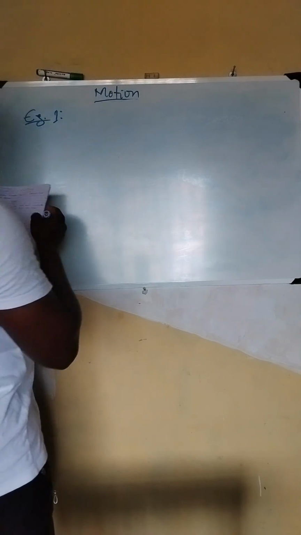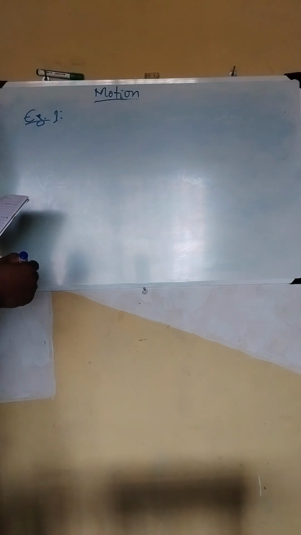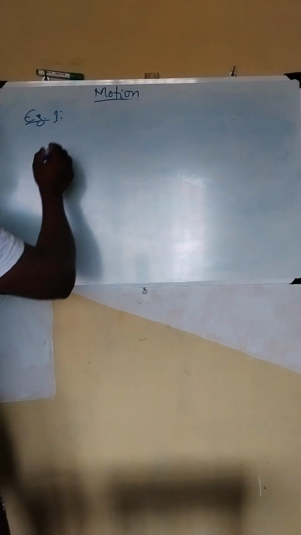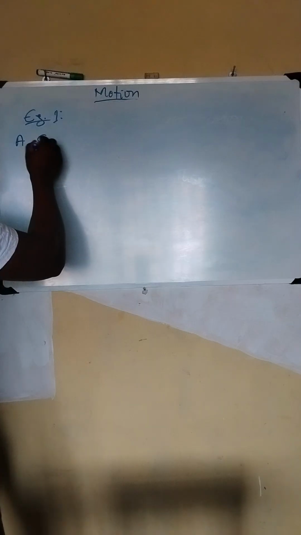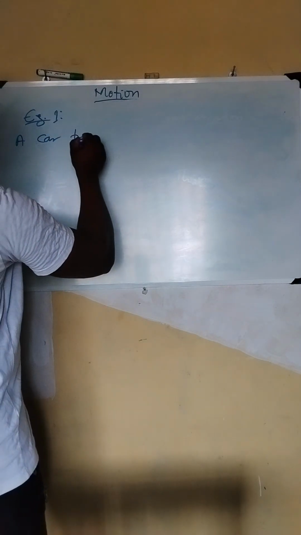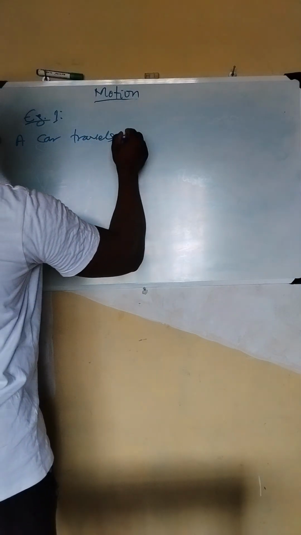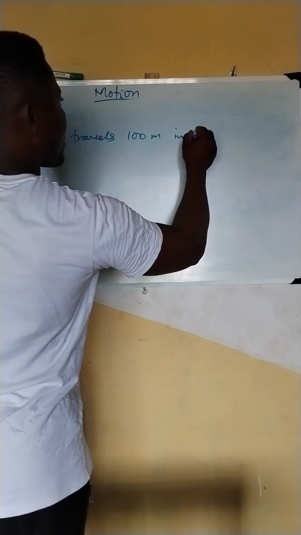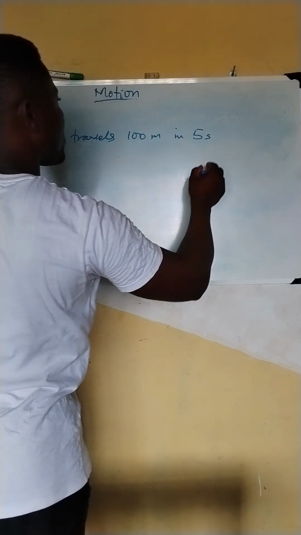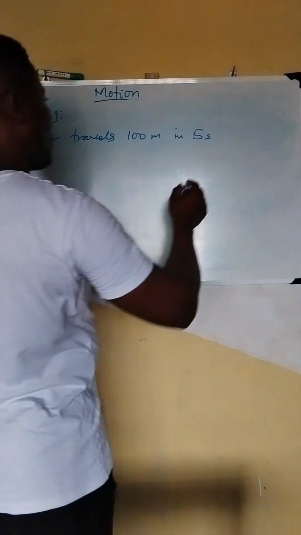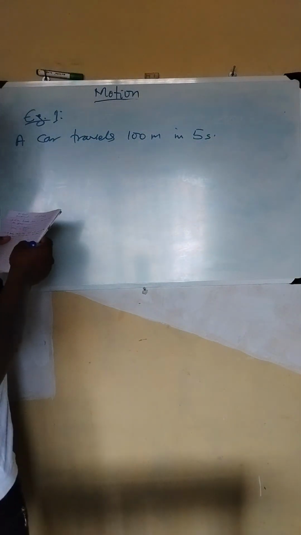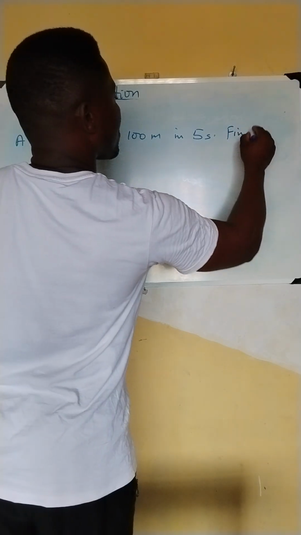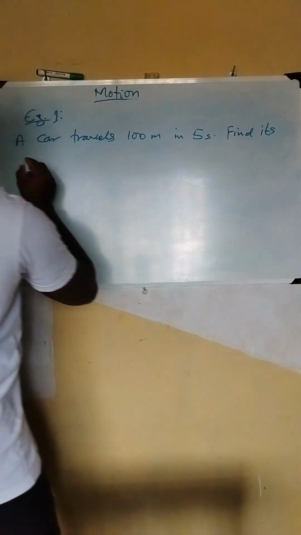A car travels 100 meters in 5 seconds. Right? Full stop. Then the question is: find its speed.